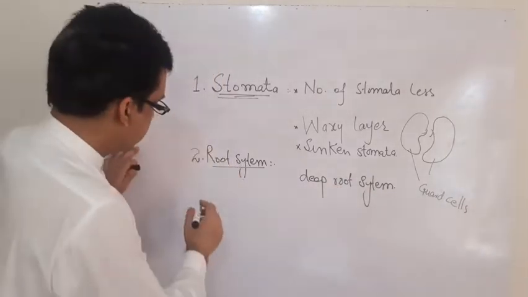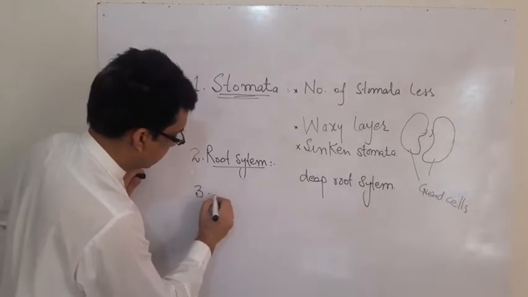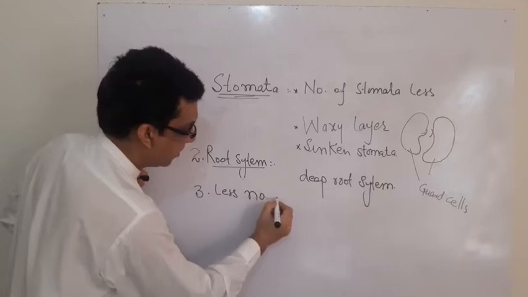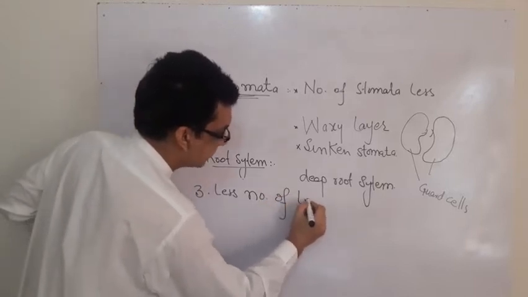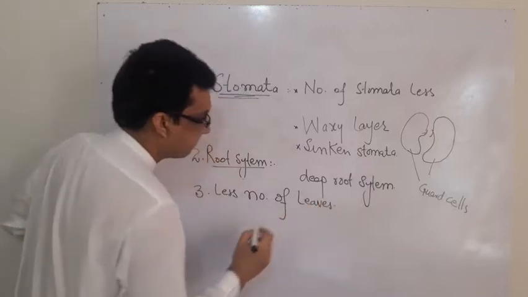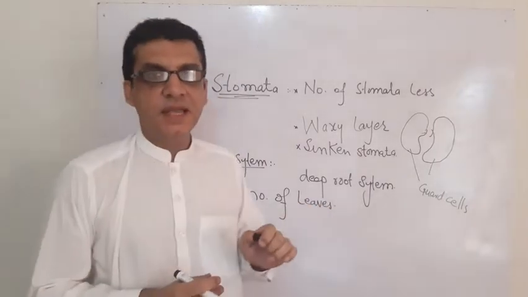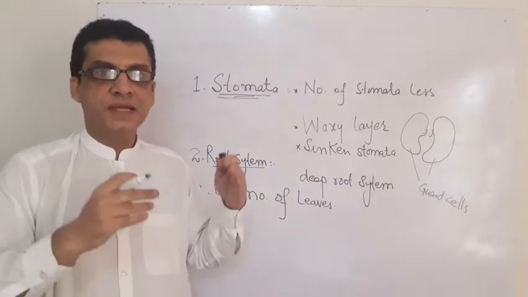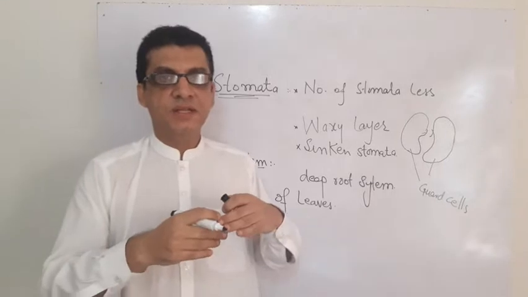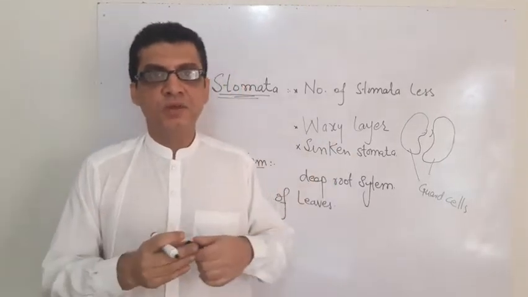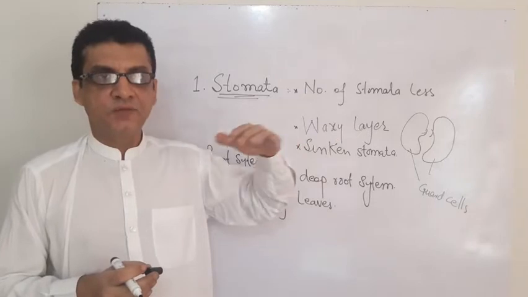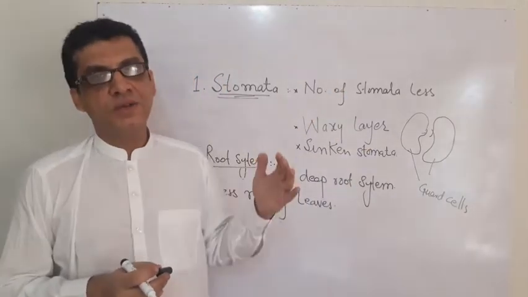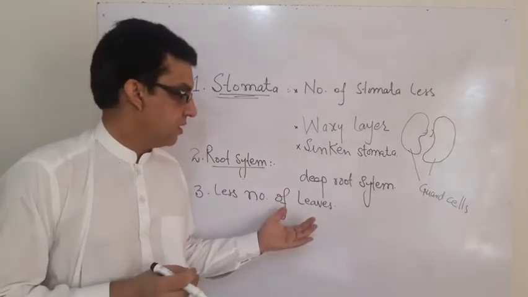The next one is leaves, a smaller number of leaves. You know that when the number of leaves increases, the size of the leaves increases, so there will be more surface area, and from more surface area there will be more transpiration. So the number of leaves in these plants is usually less.